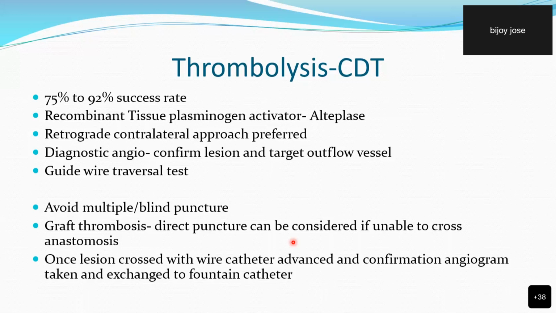If we can easily pass the guide wire across the thrombus, then that means it's a fresh soft thrombus, and the success rate of thrombolysis is going to be high.